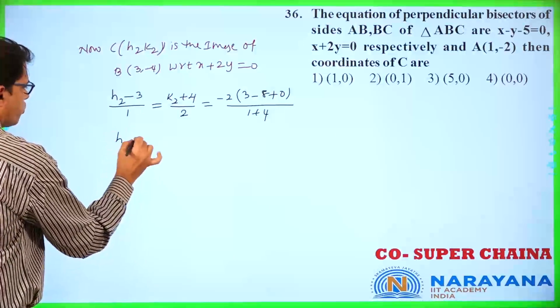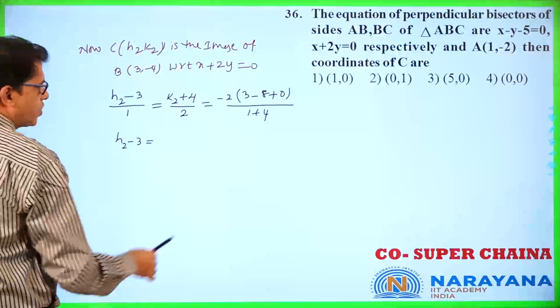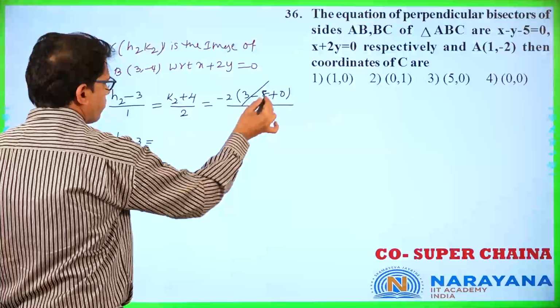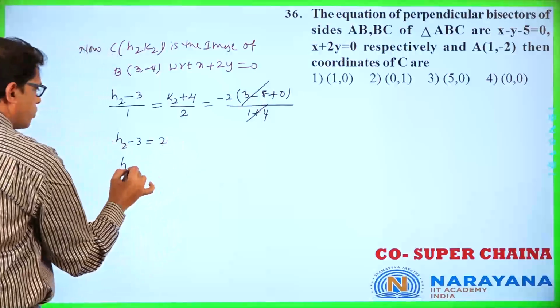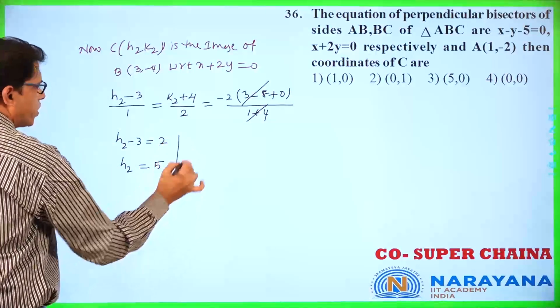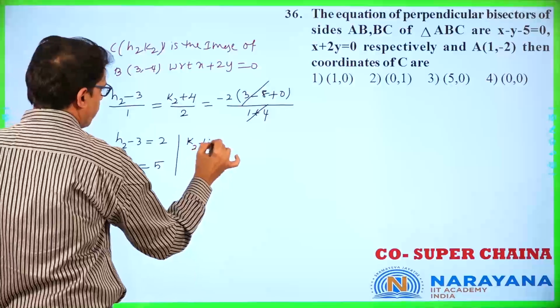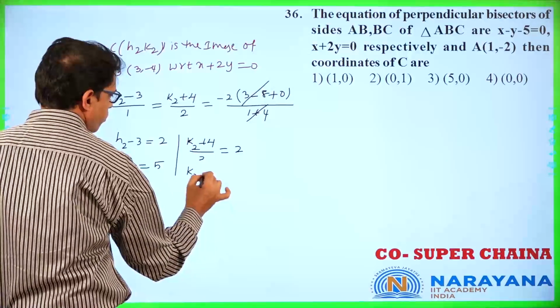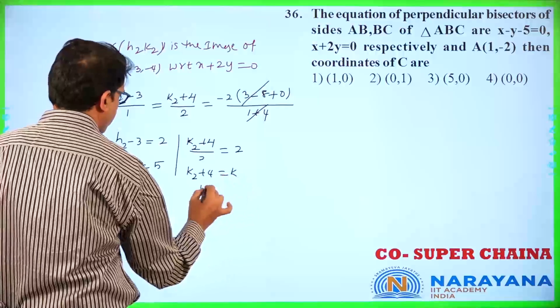That implies h2 minus 3 equals, the 5 cancels out, minus of minus gives plus 2, so h2 equals 5. Then (k2 plus 4) by 2 equals 2, so k2 plus 4 equals 4, so k2 equals 0.